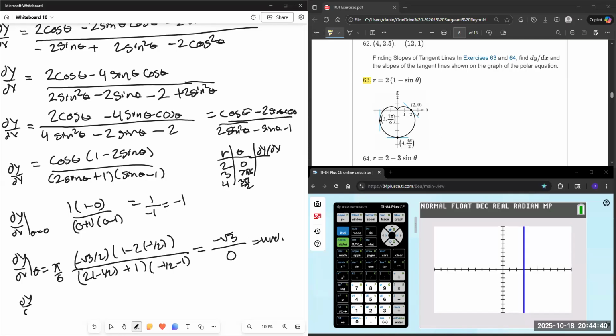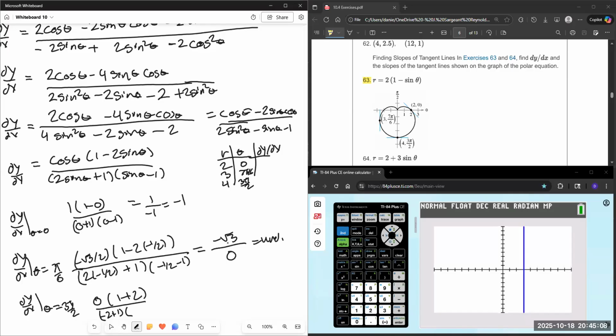dy/dx at theta equals 3 pi over 2: cosine of 3 pi over 2 is 0 times 1 minus 2 times a negative 1 plus 2 over negative 2 plus 1.